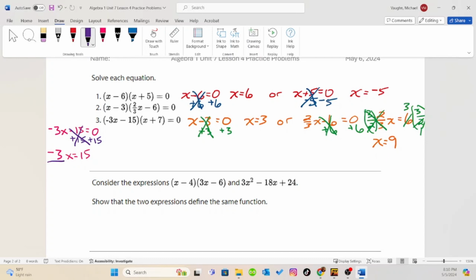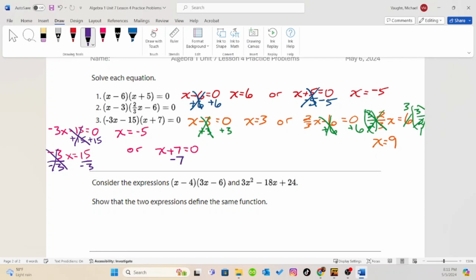We divide both sides by negative 3 to cancel it on the left, and we get x equals negative 5, or x plus 7 equals 0.